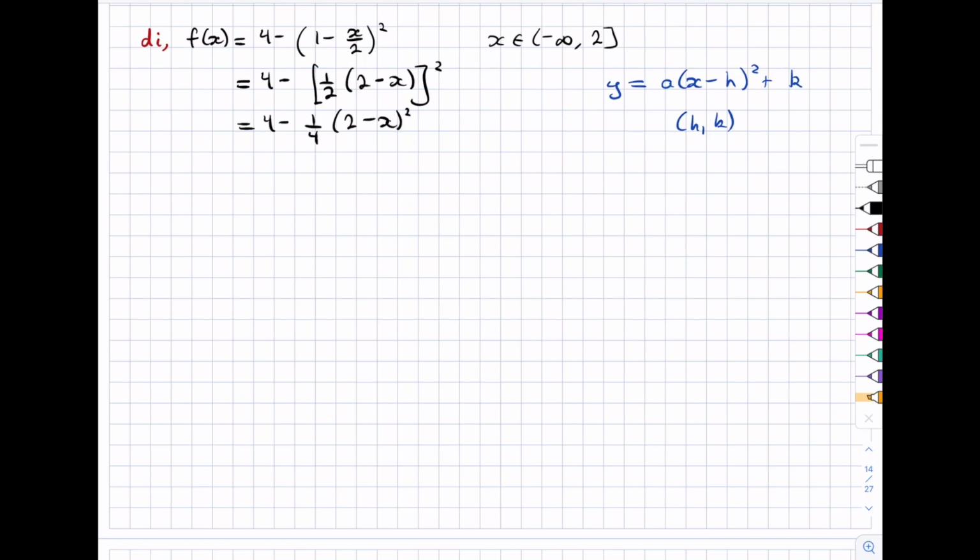Okay, and then if I just write this in a slightly different order, plus 4, and in fact, whether I've got 2 minus x or x minus 2, it won't matter because it's getting squared, so I can write it like that.